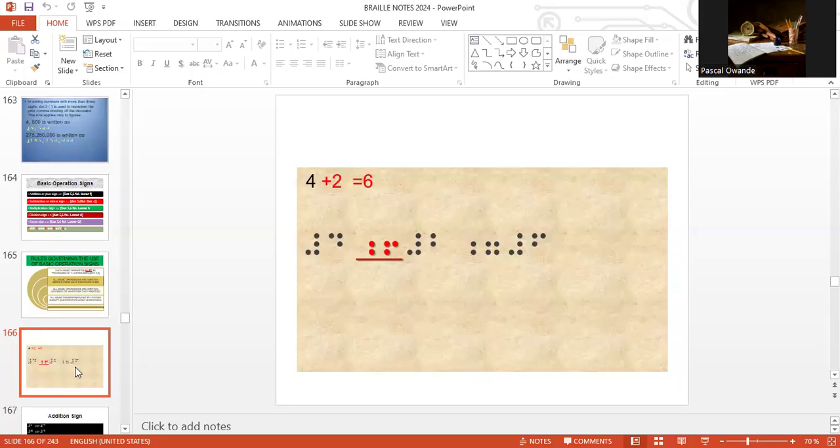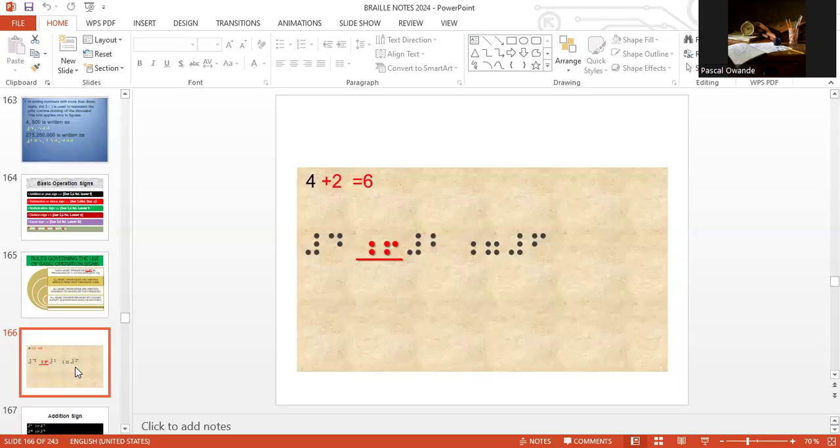Rule number 3, all basic operations are written adjoint to whatever they precede. So plus 2 is written unspaced. And again, we are going to space it because remember after plus 2 we have the equal sign. And that plus 2 is coming before the equal sign.